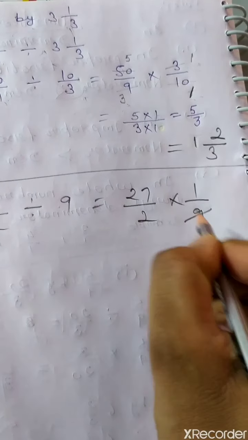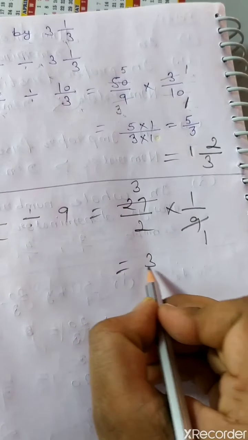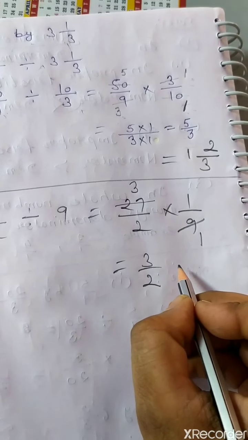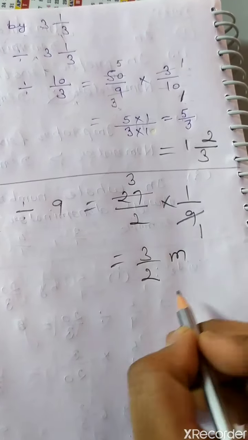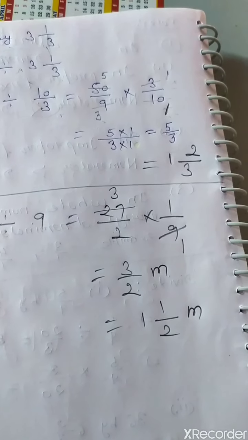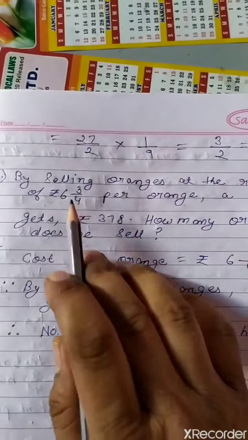So you will get 9 into 1 this time, 9 into 3 times. So the answer is 3 by 2 meter. Means you can write 1 whole 1 by 2 meter. Understood?